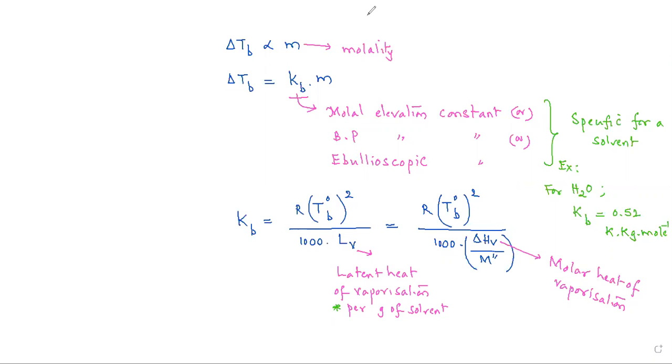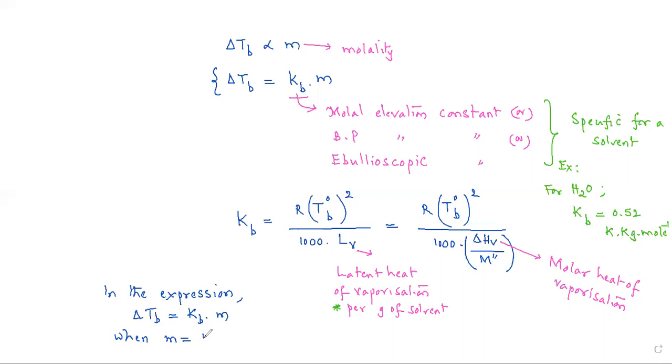Then how do we define this? Considering this expression, delta TB is equal to KB into small m.